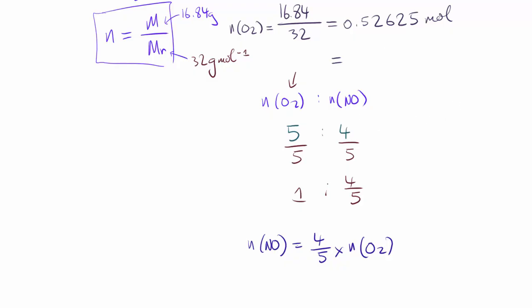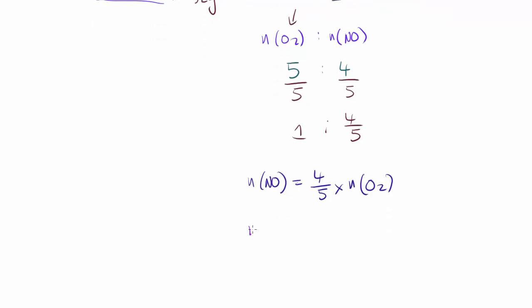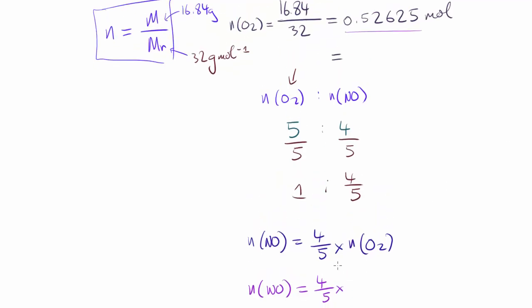We have that value, 0.52625, so the number of moles of NO is equal to 4/5 multiplied by 0.52625.